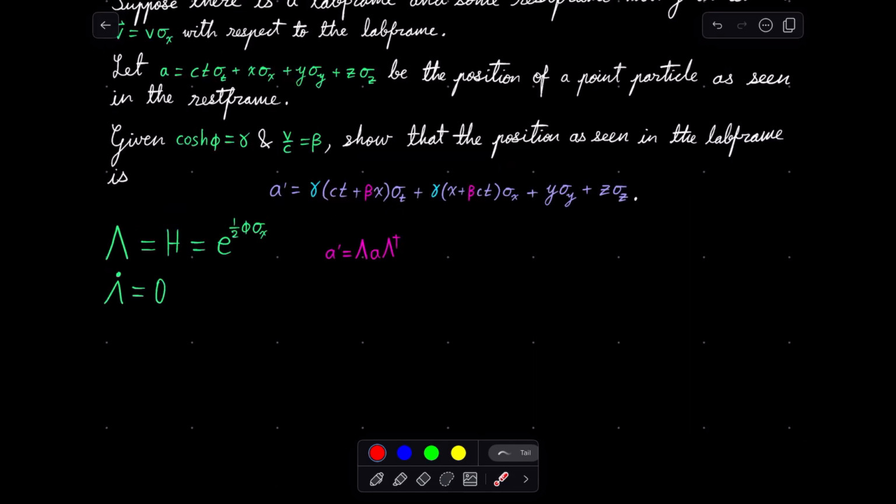So this right here is the equation that we need to work on. A is given to us up here, and our lambda is right here.